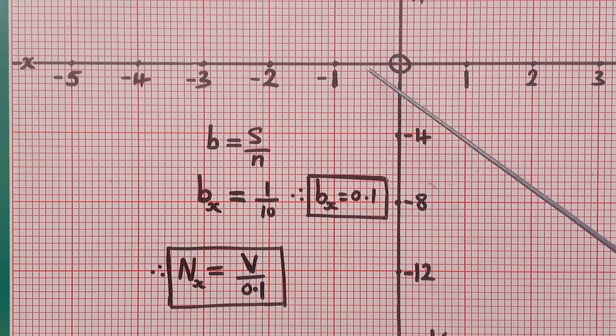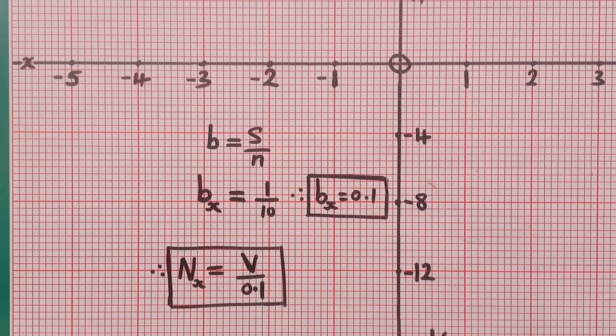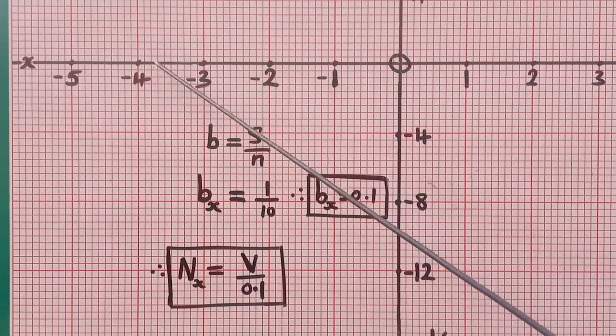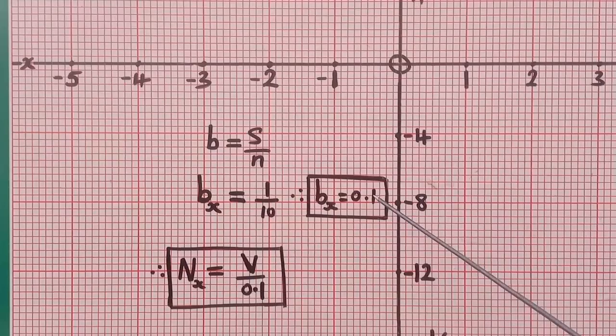That means each small box is 0.1. This is the most essential stage of plotting graph. That is knowing the value of 1 unit box. I repeat, this is the most essential stage. That is finding the value of 1 small box. Now we have seen it in this particular case as 0.1.